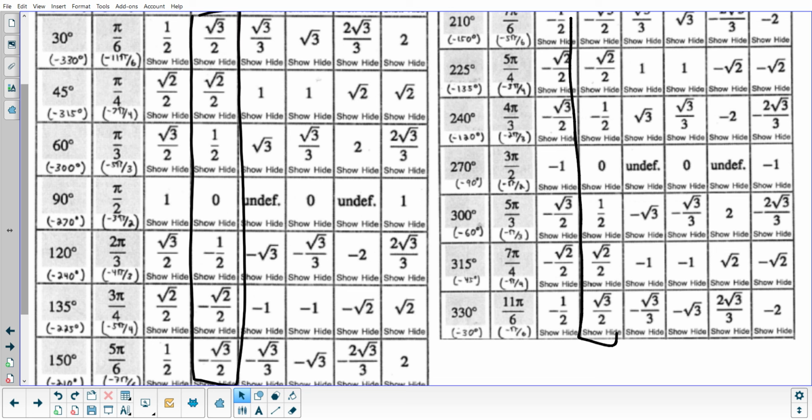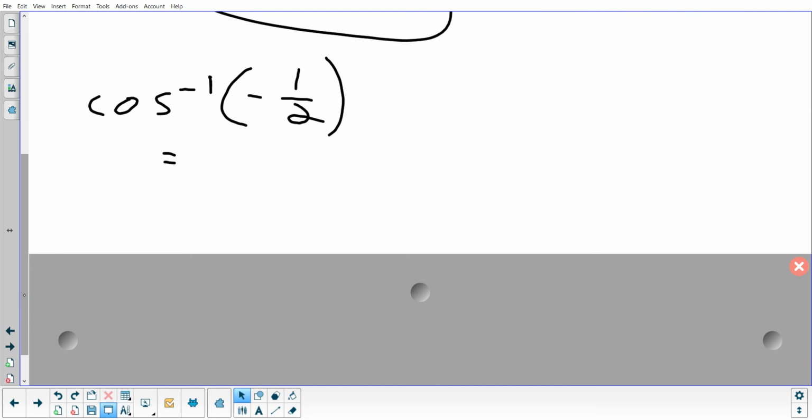And I scrolled enough that you should be able to see the answer. Yeah, 120. So negative 1/2, 120. Is that between 0 and 180? Yep. Negative 240? Nope. You got 2 more answers over here, but those aren't going to work: 240 and negative 120. So, any question why 120 is the answer? Okay. This table's pretty easy to use.